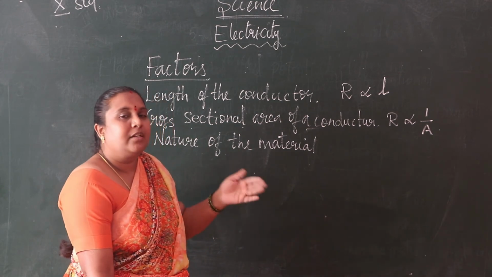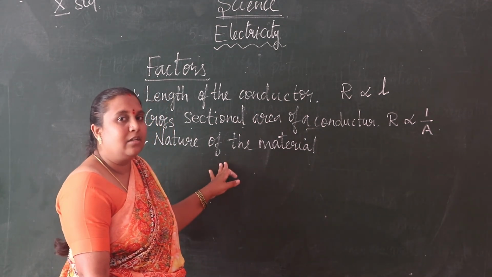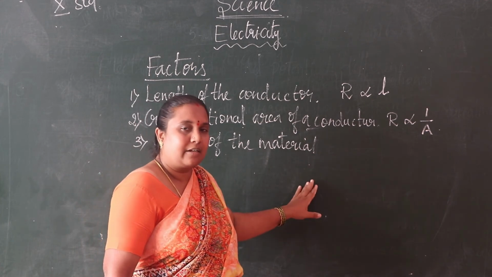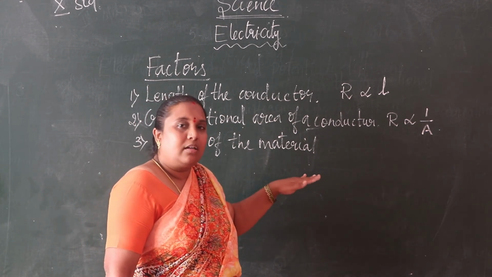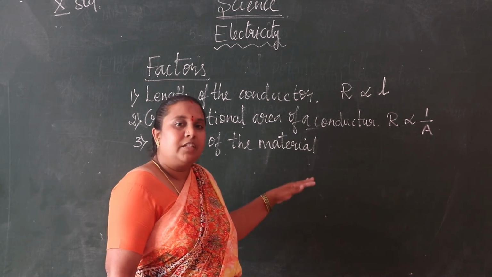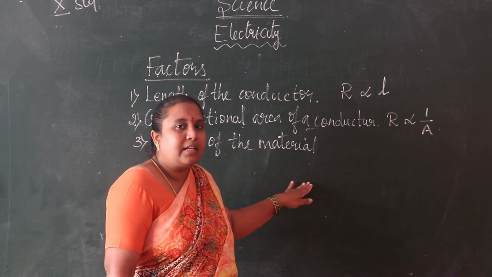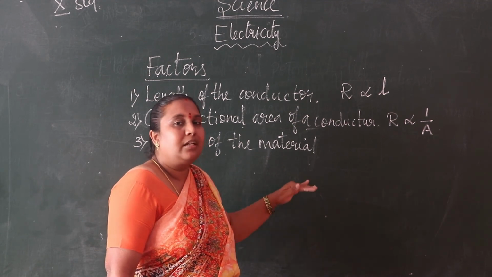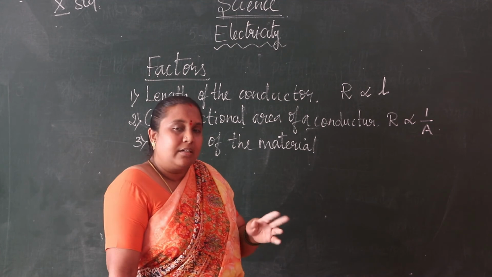So we can say there are different kinds of materials for the flow of electric current in an electric circuit. Different materials have different resistivities. The resistivities are given in your textbook.